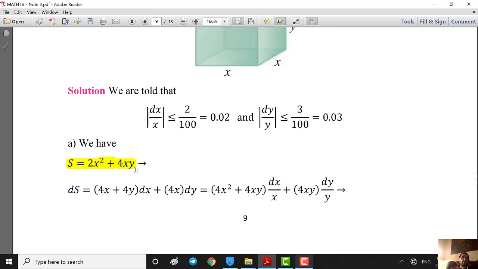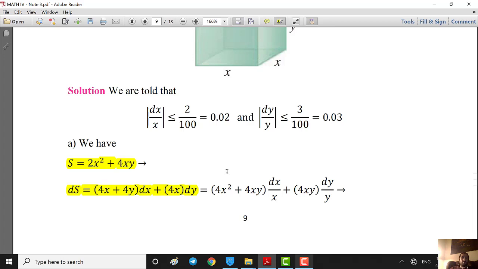Now, the total differential of s, which is a function of x and y, is going to be partial s over partial x times dx plus partial s over partial y times dy, which is (4x plus 4y) times dx plus 4x times dy, right? We can conclude this formula very easily.